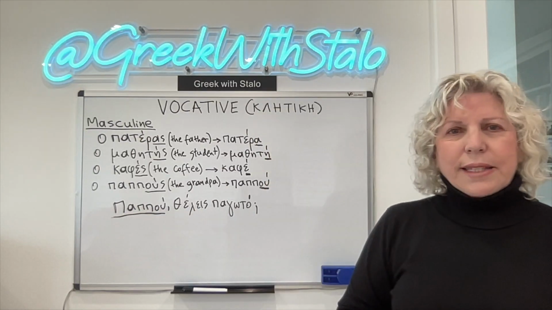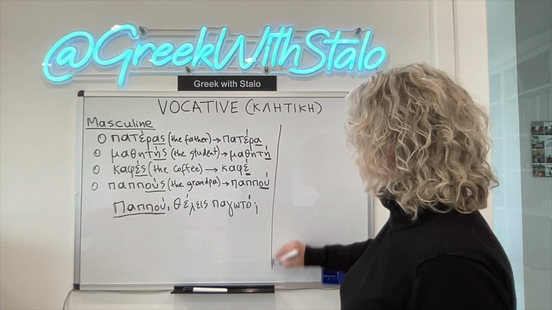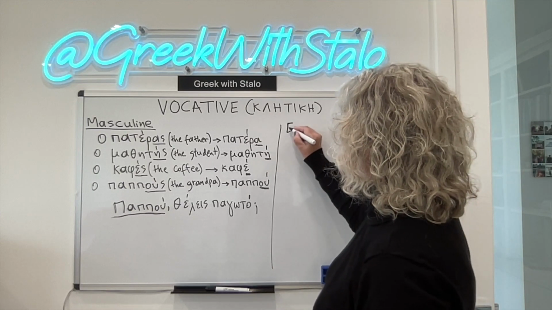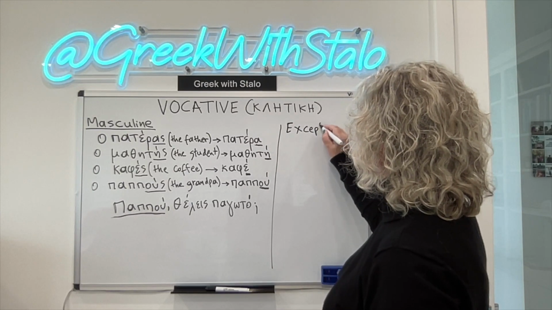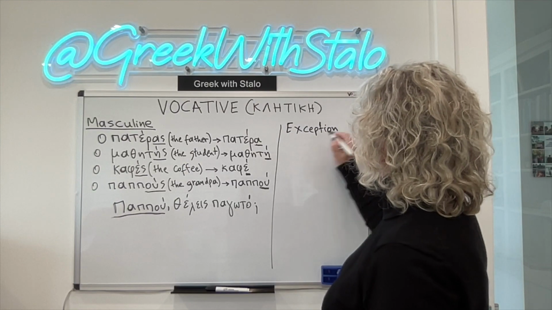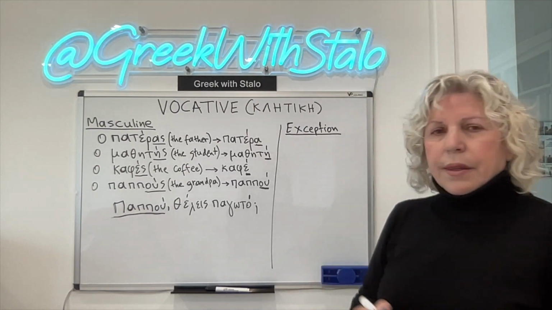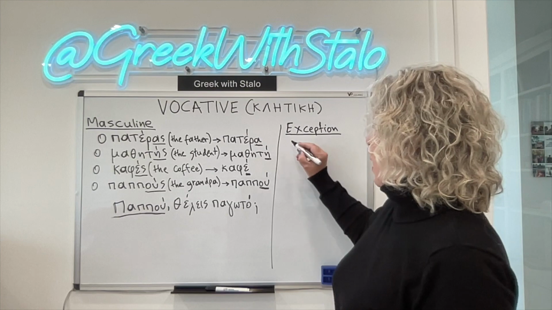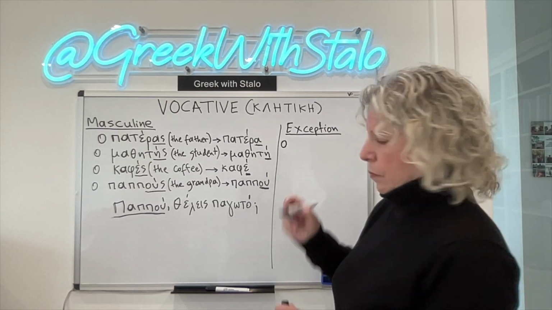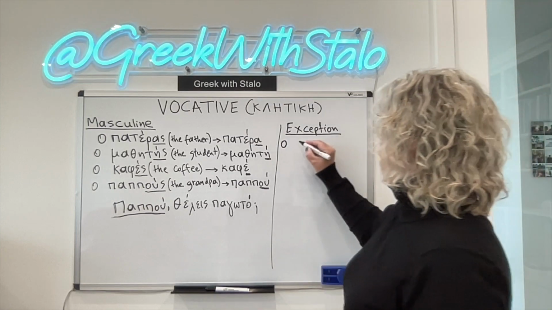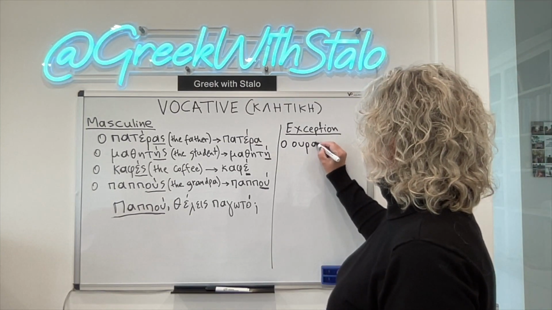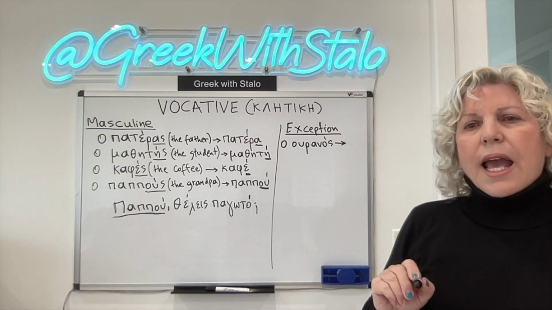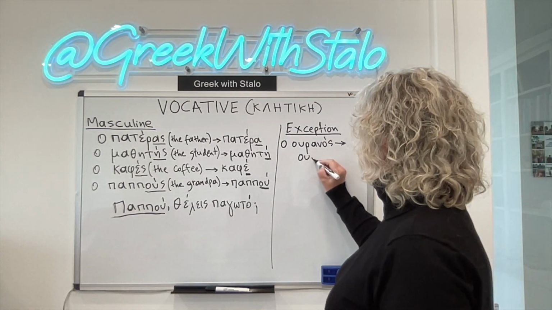Now, there is one exception. The masculine nouns that end in os, like ο ουρανός, the vocative ends in e, ουρανέ.